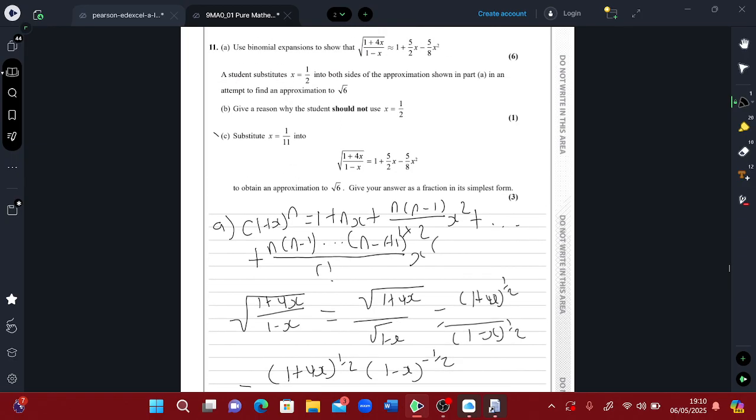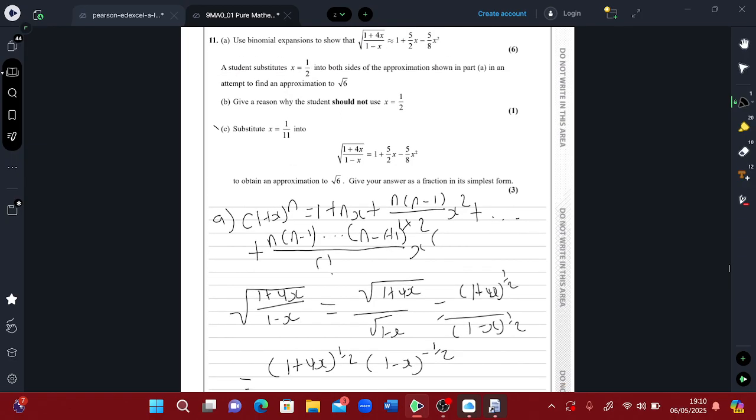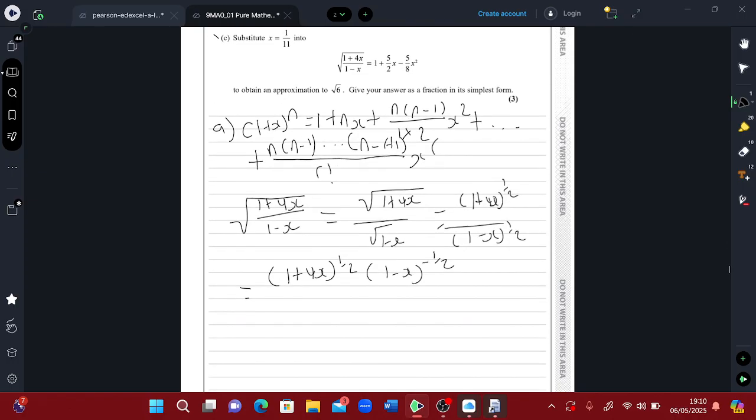Now, let's pay attention. It says, to show that. Notice this goes up to x squared, so we should use that to guide us on how many terms we go up to. So this is going to be 1 plus nx plus something x squared, and this is also going to be 1 plus nx plus something x squared.